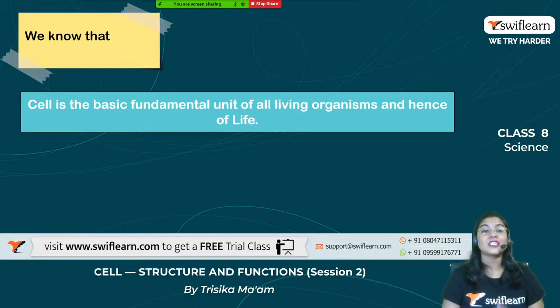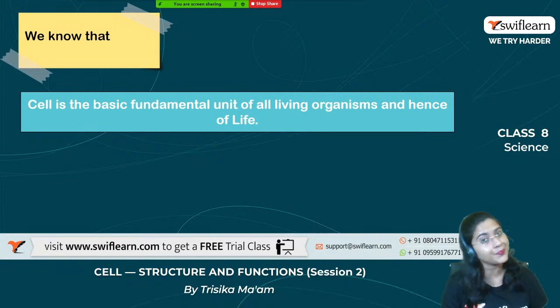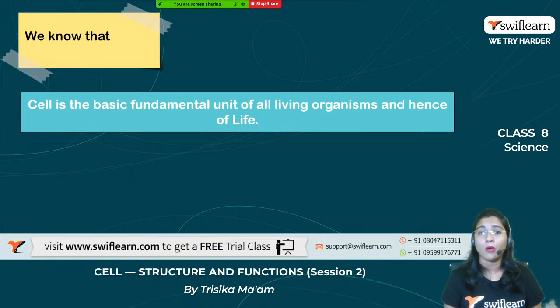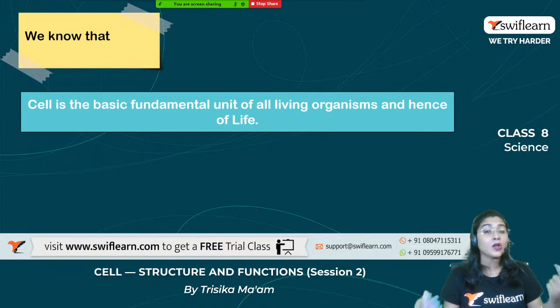Okay, so the cell is the structural unit because it gives a particular structure to each and every living organism, whether it is a plant, an animal, or the very small microorganisms. That is why we call the cell the structural unit of all living organisms. And the cell is also the functional unit. Why? Because it performs all the different functions.